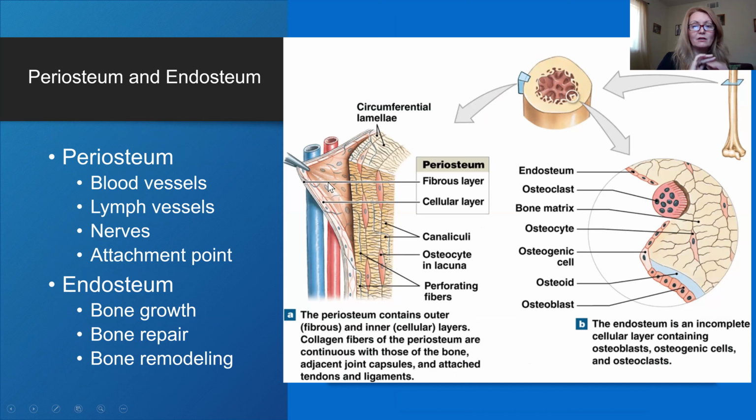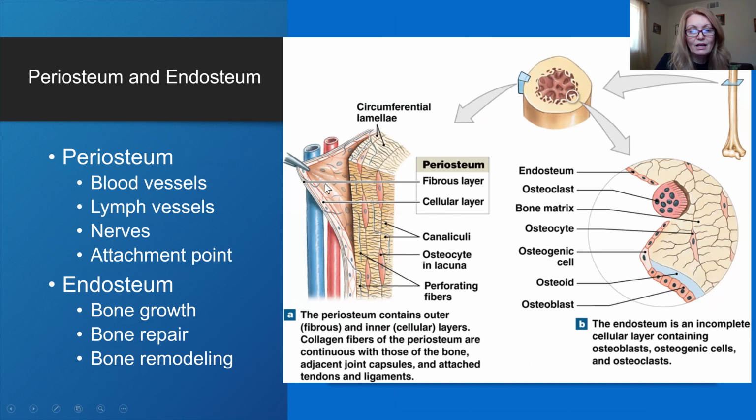So periosteum covers the surface of the bone. It's shown over here in picture A. It contains an outer fibrous layer and an inner cellular layer. It has collagen fibers.